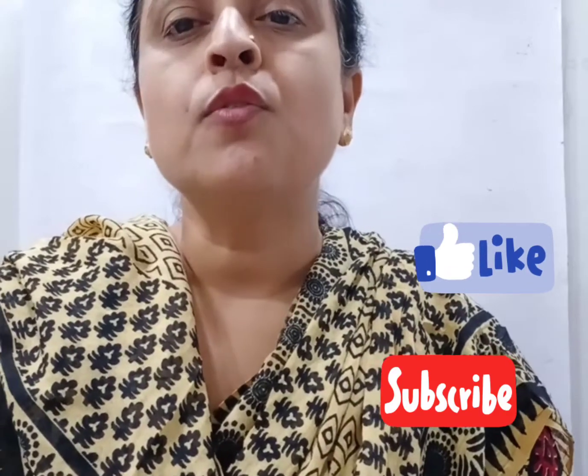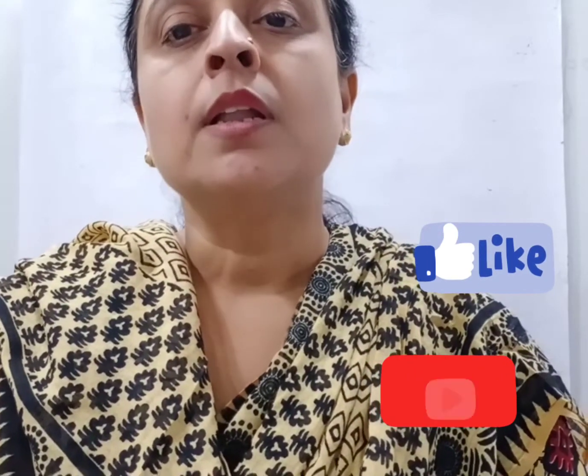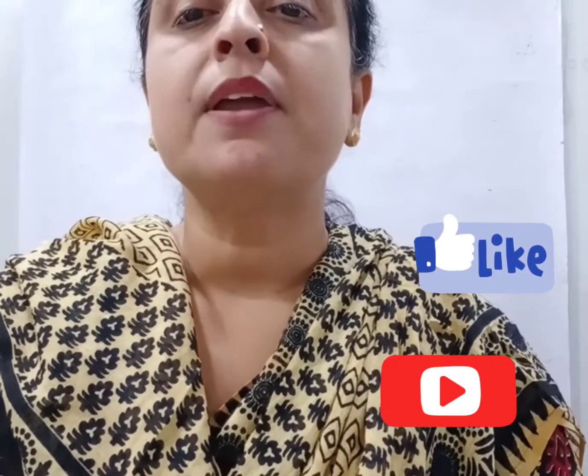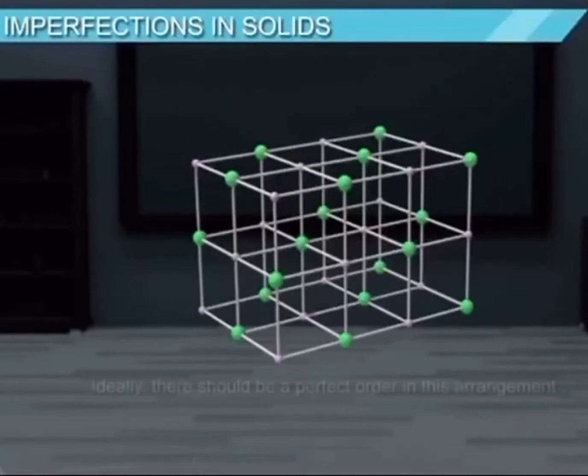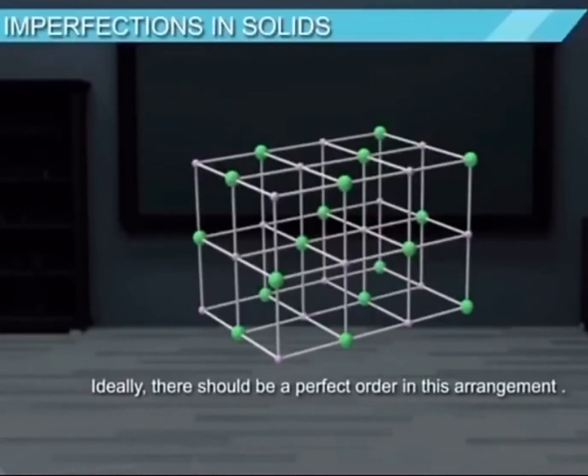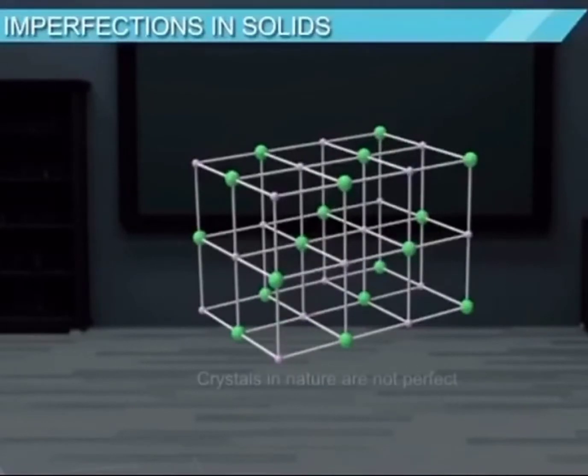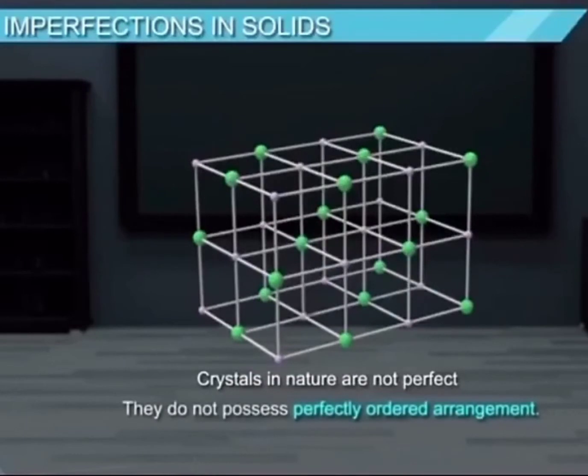In this video, we will be discussing different types of imperfections in solids. The three-dimensional arrangement of constituent particles in a perfect order is known as a crystal. Crystals are supposed to have an orderly arrangement of constituent particles, but in reality they do not possess the orderly arrangement.